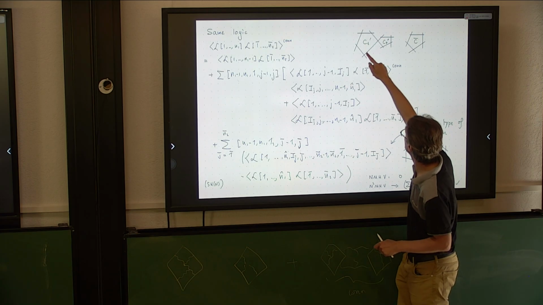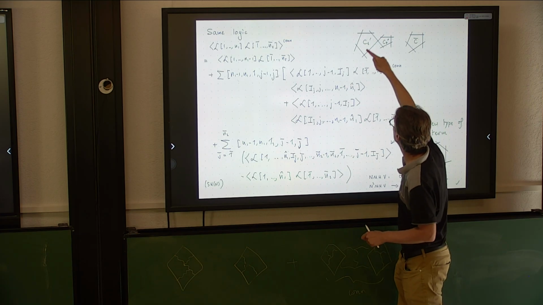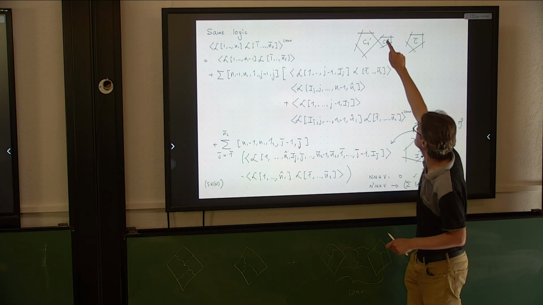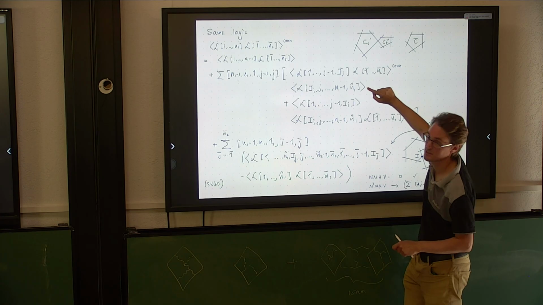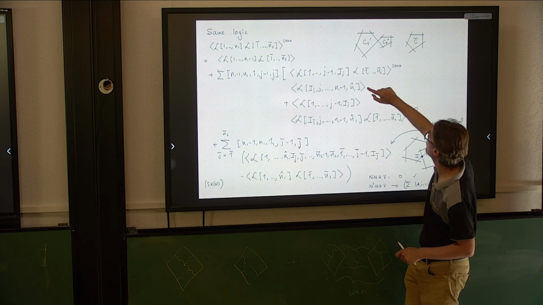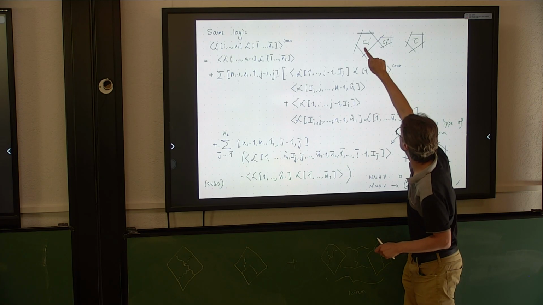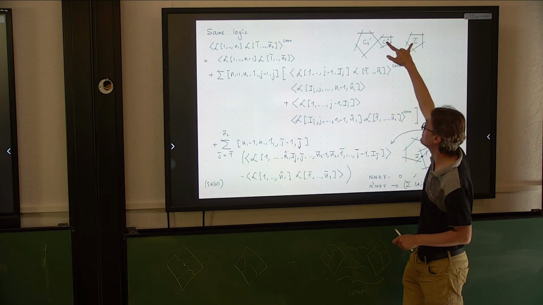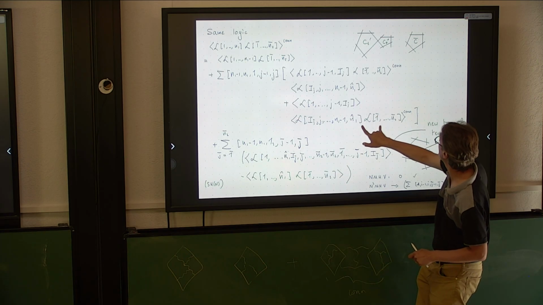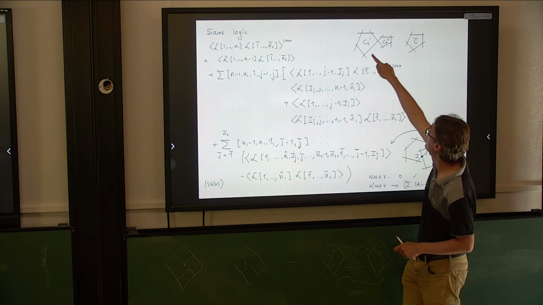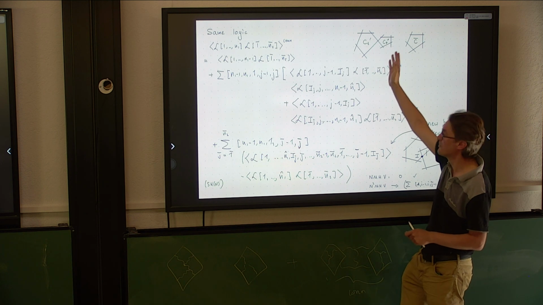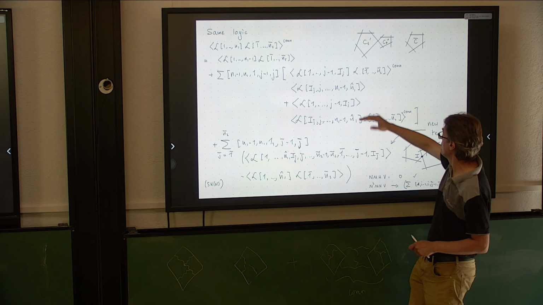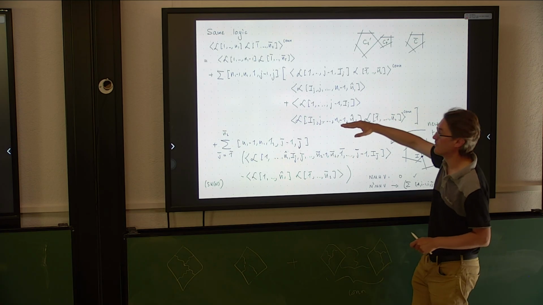So you get the connected part of this half of the loop with that guy, the spectator, times this part of the loop. So that's the factorization. And then likewise I get this part of the loop times the connected part of this half of the loop with the spectator. Those are diagrams that come about when the line intersects one of the lines in the same loop. So that's sort of analogous to what we already saw.